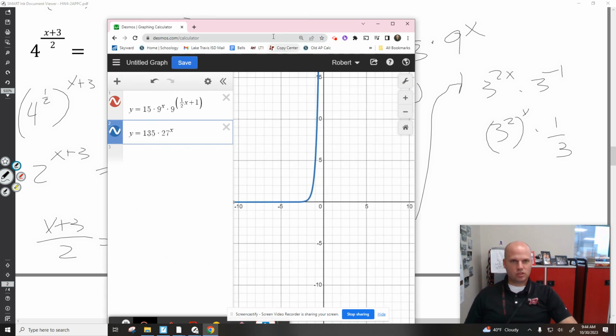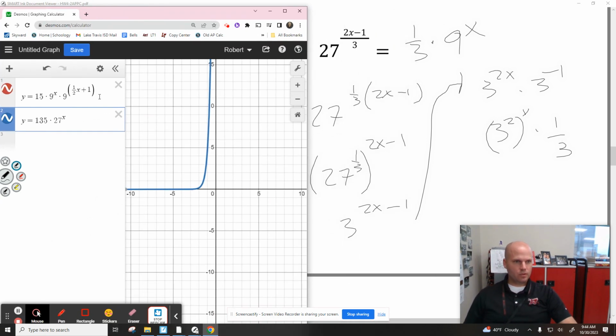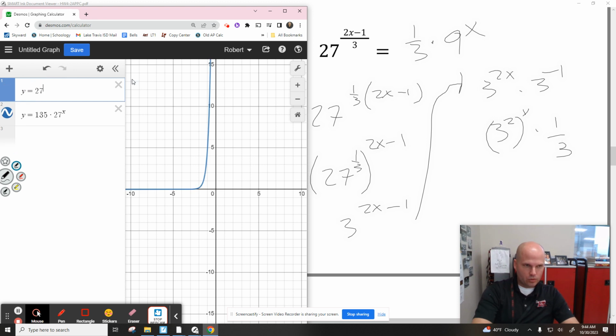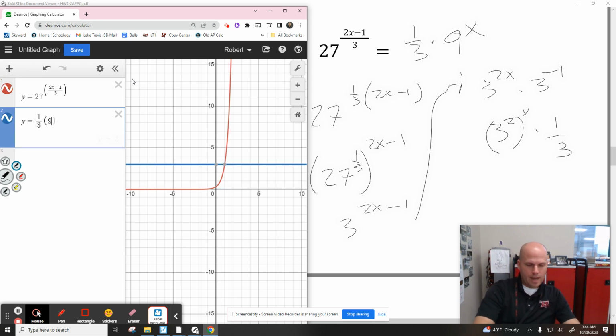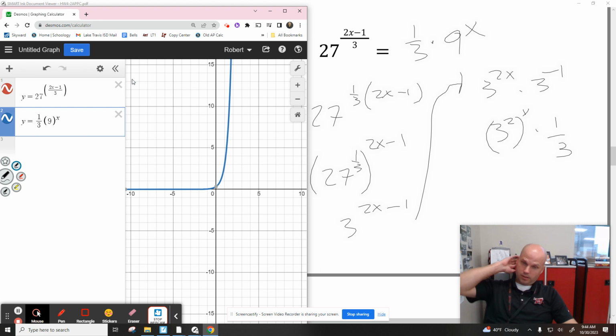That's just great problems right there. 27 to the parentheses 2x minus 1 over 3 is 1/3 times 9 to the x. That's just great.